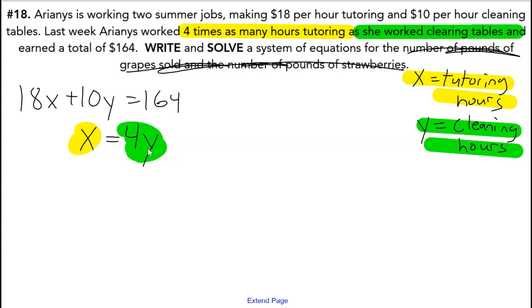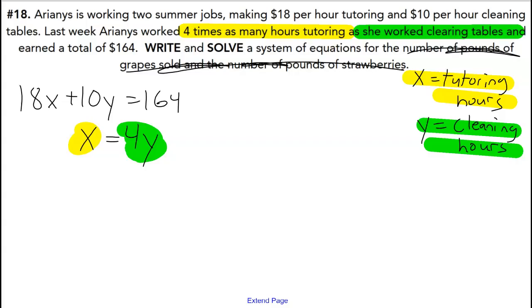It's real subtle, but you got to pay close attention to that. So instead of having 4x, it's 4y. So four times as many hours. So 1 hour is equal to four times as many clearing tables. So I put the four times the clearing tables.